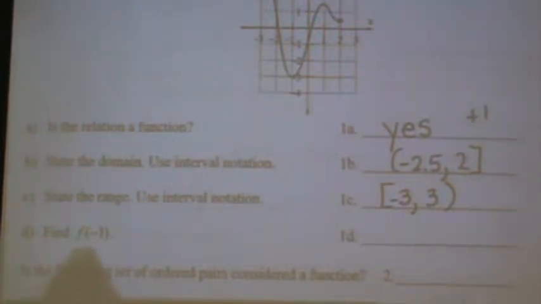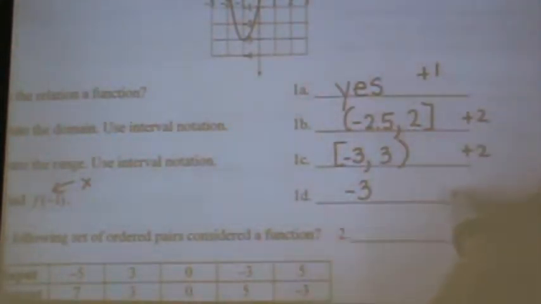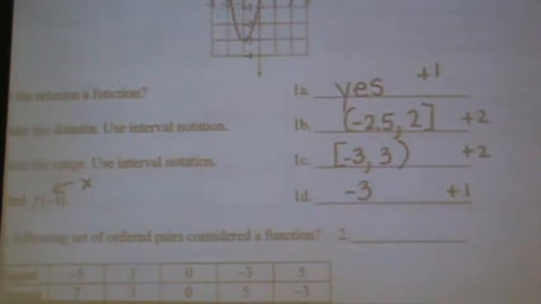How do you find f of -1? This inside here is your x value. So find -1 on the x-axis and reach the graph at -3. So I gave 2 points for these two, because I wanted to make sure you understood the brackets, and 1 for that. Is there supposed to be a closed dot for the -3 on the y-axis, or do you just know?